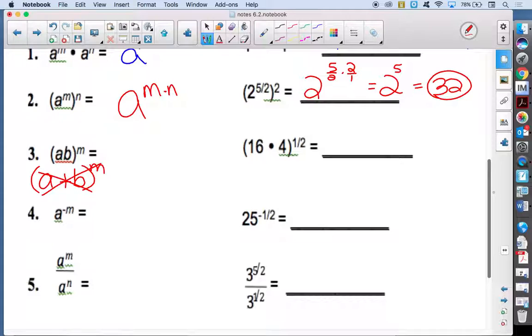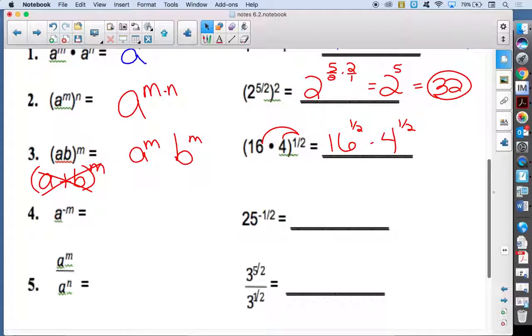So you just distribute your exponents to the variables inside. So a to the m times b to the m. If I had 15 in there, I'd just distribute it to all 15 pieces, as long as they're all being multiplied. So it only refers to multiplication. So underneath here, that means we would have 16 to the 1/2 times 4 to the 1/2.